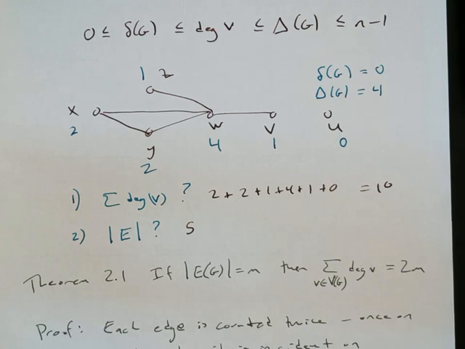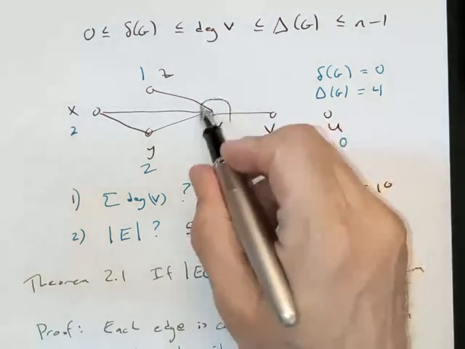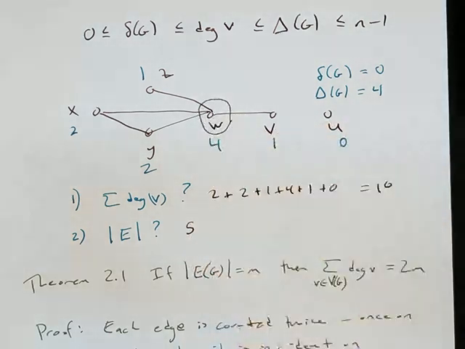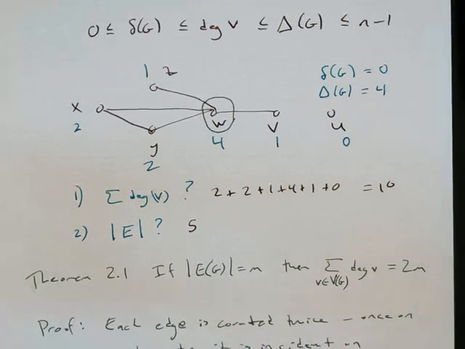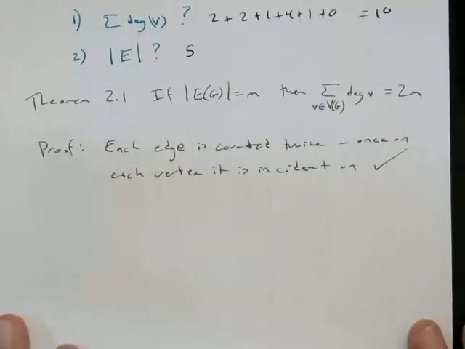So we said this had degree 4. 1, 2, 3, 4. There we go. If I went around the vertex, I'd hit the loop on the way out and the way back in. Questions?